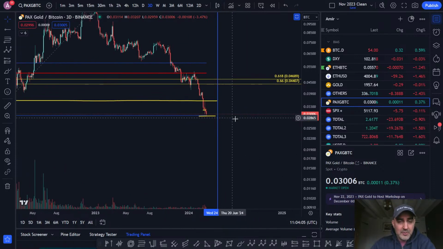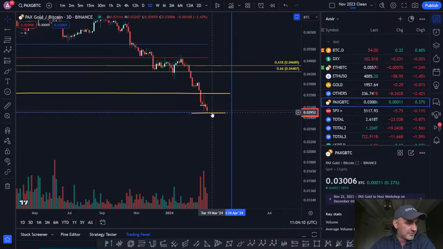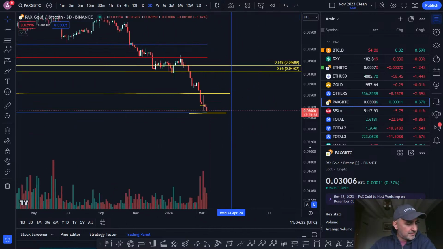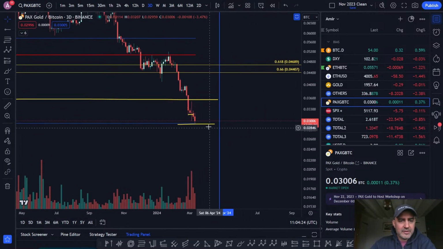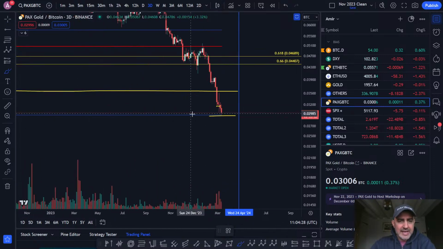So we're into support, interestingly enough. How coincidental is that? That finally Pax Gold against Bitcoin is coming into support. So there is a possibility for some kind of rotation back into gold at these levels.